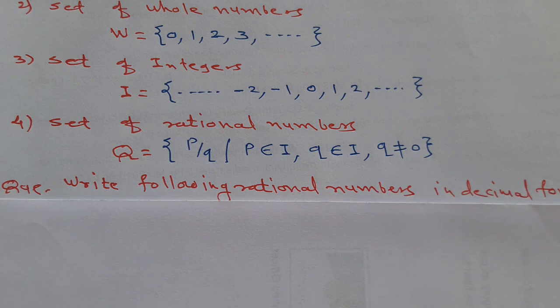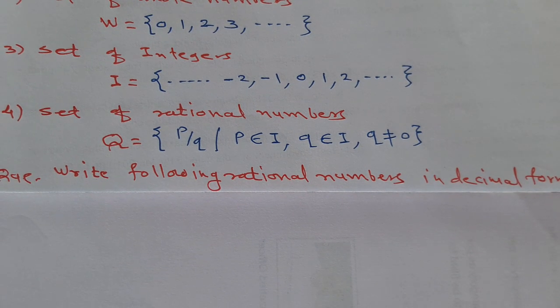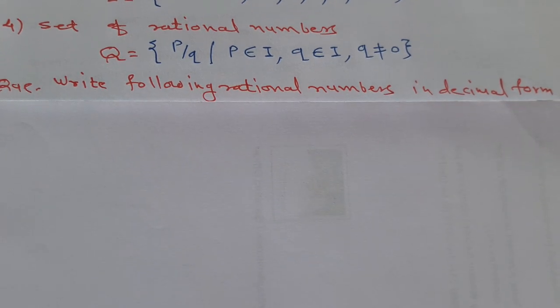Then we take an example. Write the following rational numbers in decimal form.